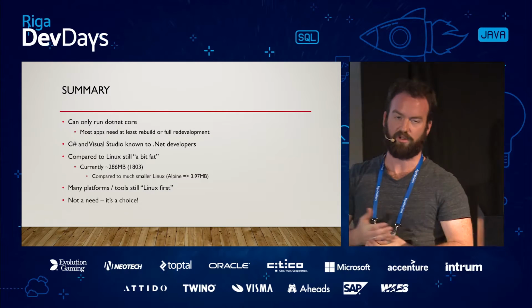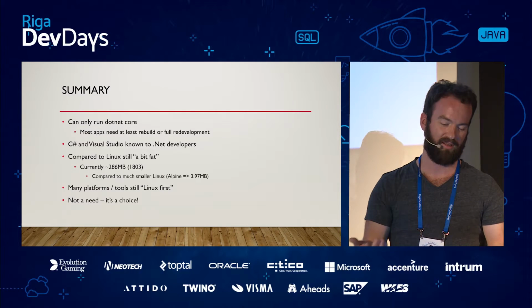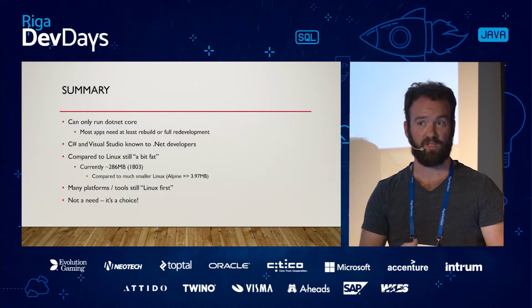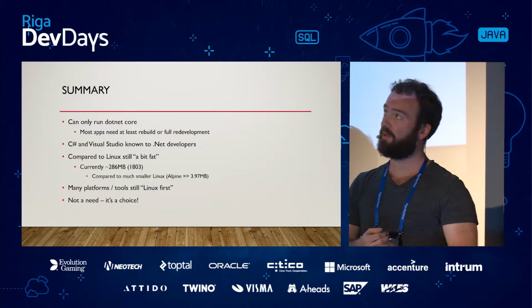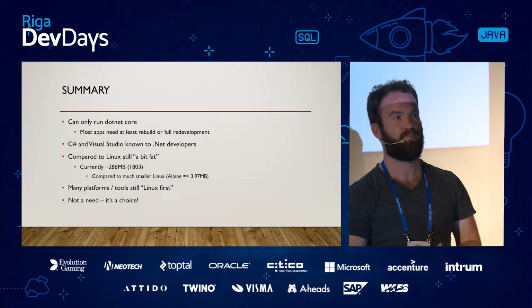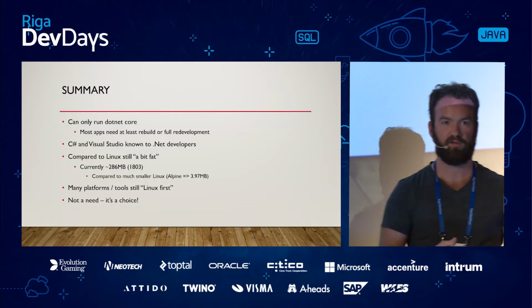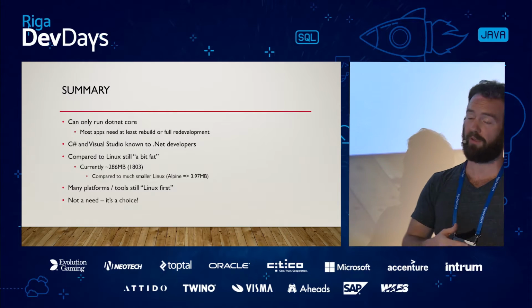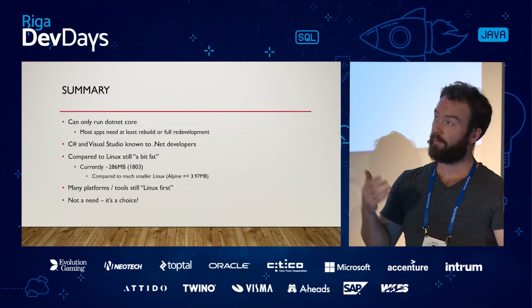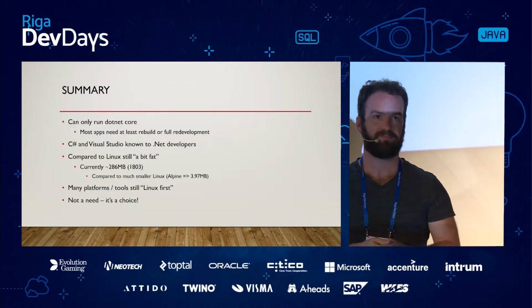A quick summary on Windows containers and using them currently in production, maybe even. So Windows Nanoserver itself, I would just not really bother using Windows Server Core as a container OS at the moment, because it's just way too big. With Windows Nanoserver, the issue is that it only runs .NET Core.